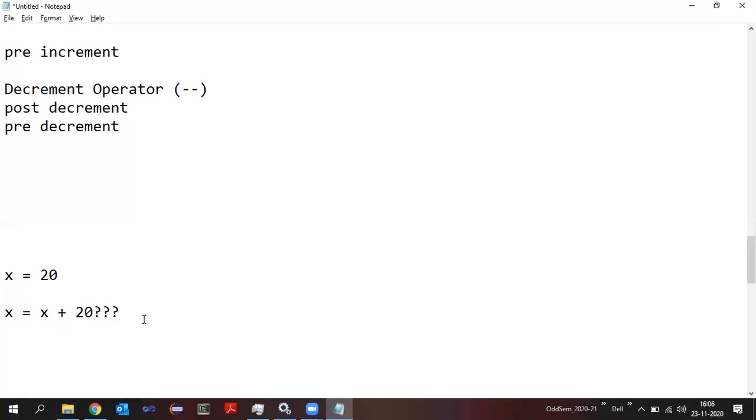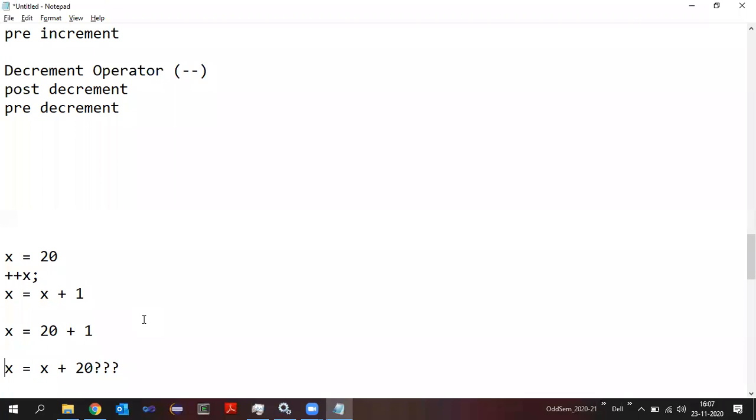If x is equal to 20, then increment, that is x plus plus or plus plus x, here it is nothing but x is equal to x plus 1. X is 20, so x is equal to 20 plus 1.